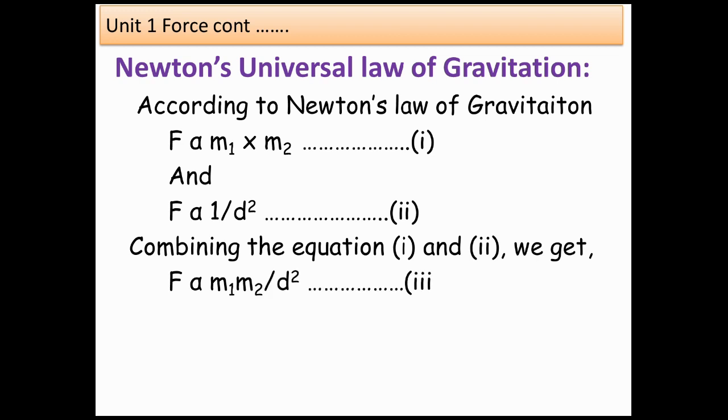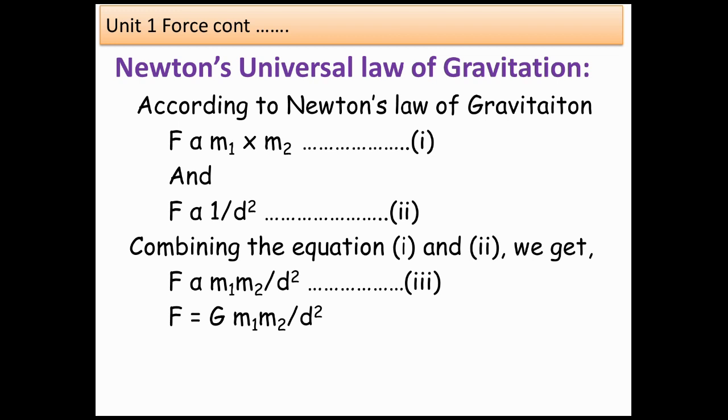Combining the first and second equations, we get F is directly proportional to m1 m2 by d square, or F is equal to G m1 m2 by d square.